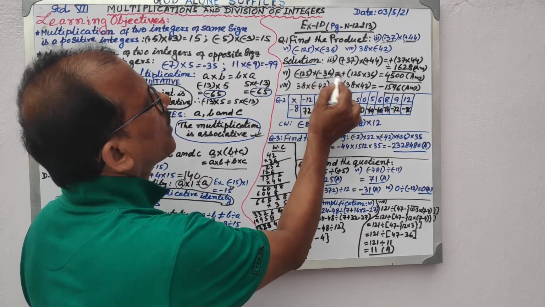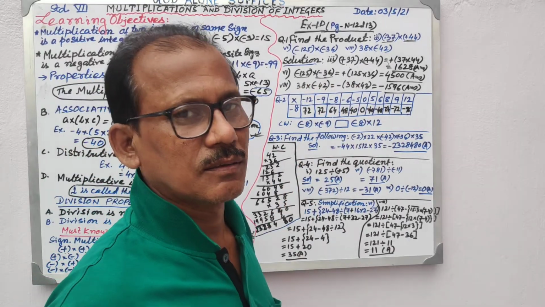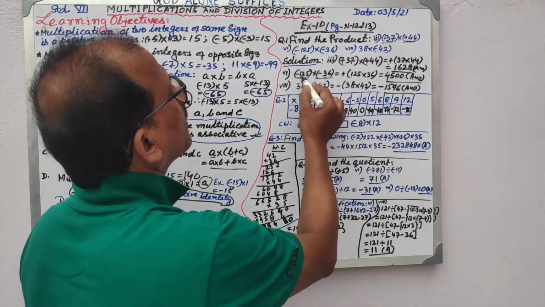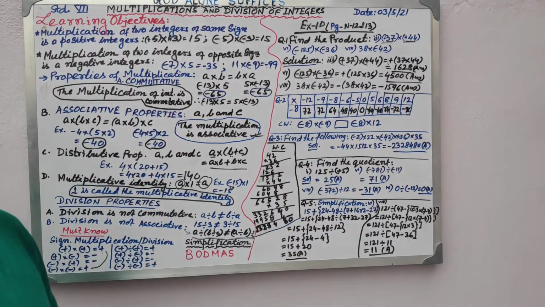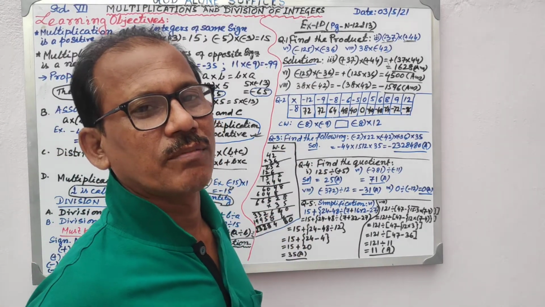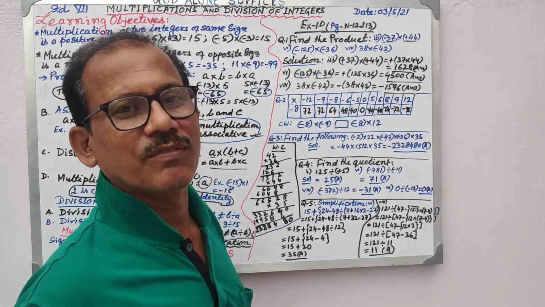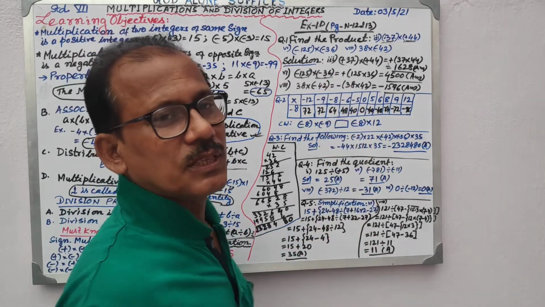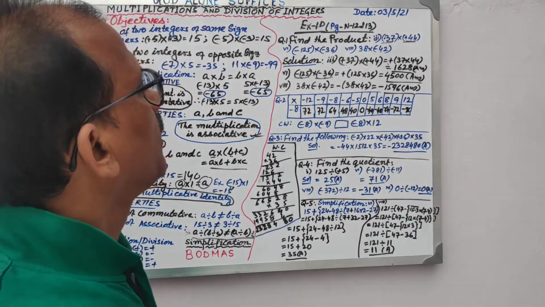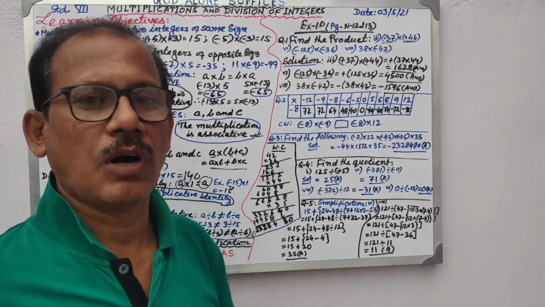You all know how to find the product of 125 and 36. You can do this by distributive law, which is better. 125 you can make 100 and 25, so 25 into 36, and 100 into 36 will be 3600. So it will be easier. I will tell you when cases come where you implement the distributive law.